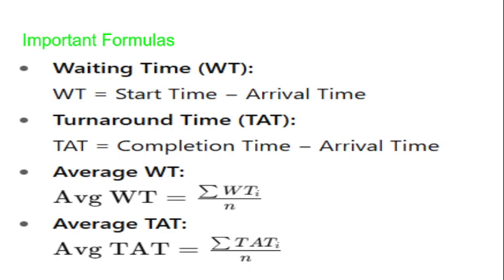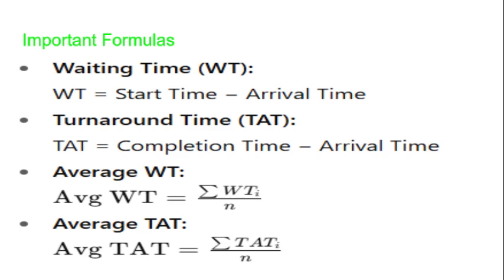So there are some important formulas to calculate the waiting time and turnaround time, average waiting time and average turnaround time. You have to memorize these formulas, because they are the basic concept for calculating this non-preemptive scheduling. Here the waiting time is the difference between the start time and the arrival time.